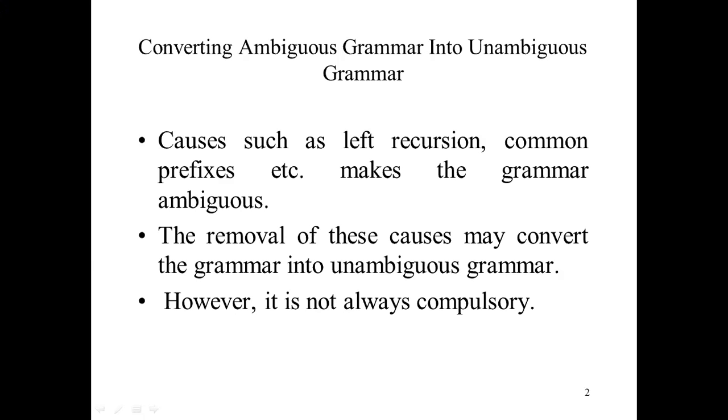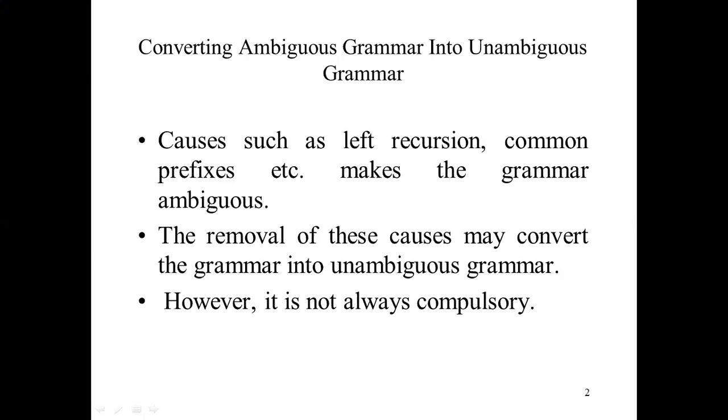And if we are obtaining more than one tree, then we will say that our grammar is ambiguous. So it is necessary that we must get only one tree, that is called the parse tree. It will be based on the unambiguous grammar.